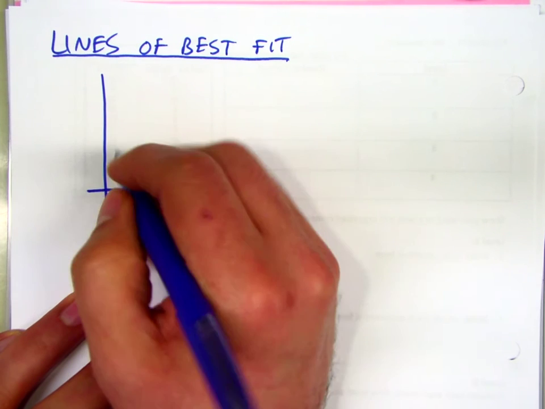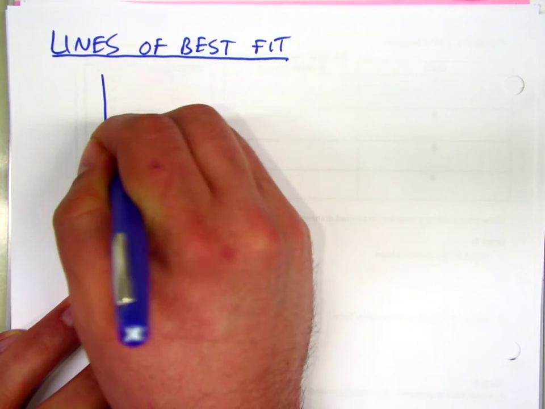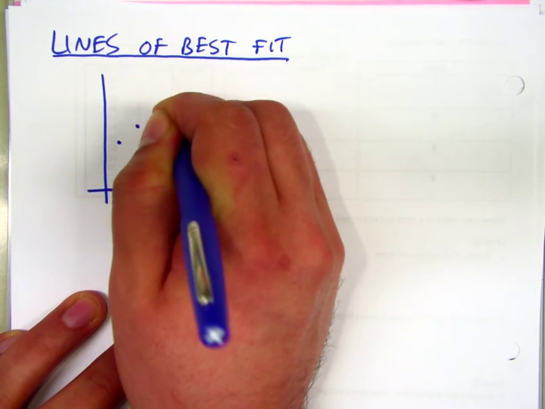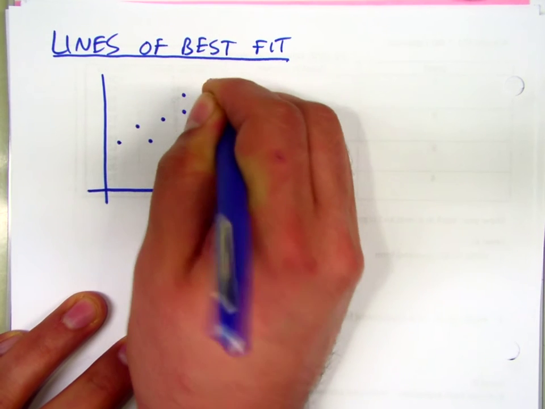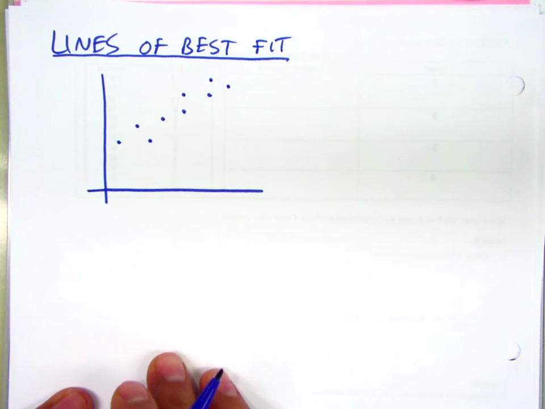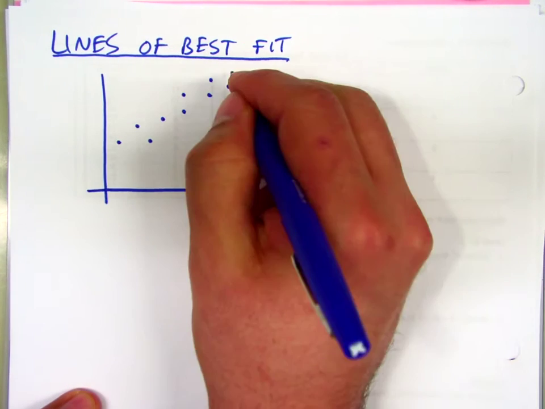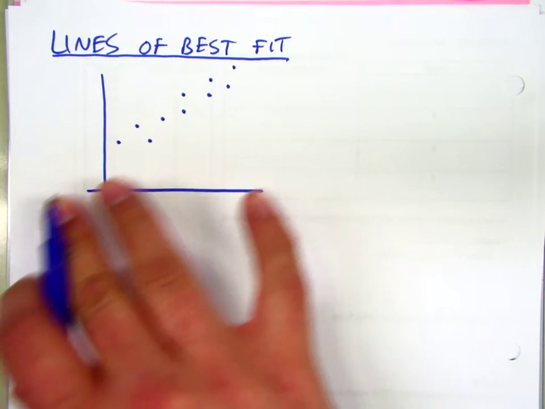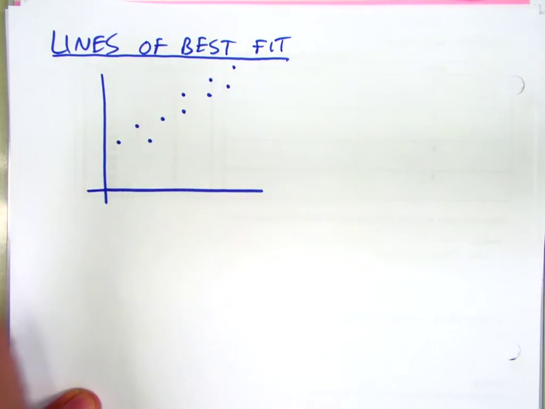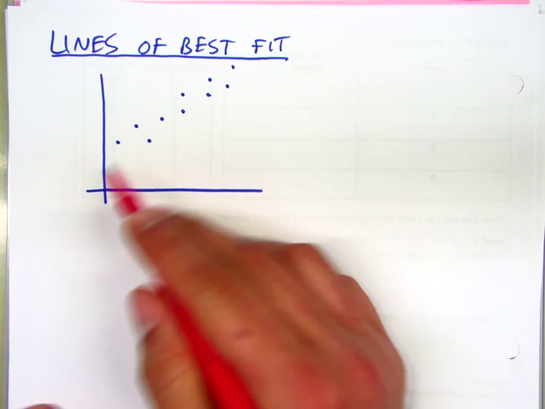So let's just say, here's some data. It's pretty clear that there's an upward trend as we move along this graph. How do I approximately draw the line of best fit here?